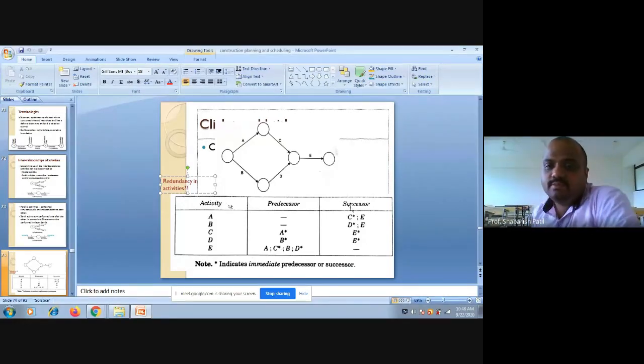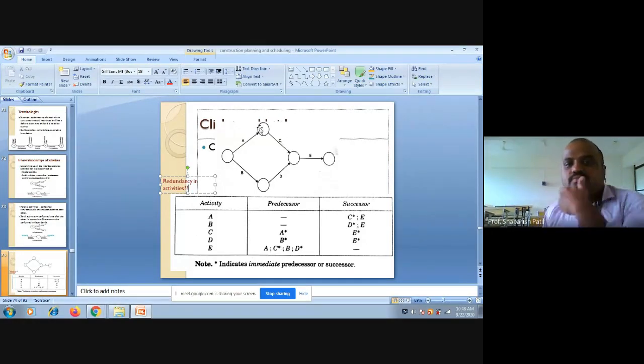Similarly, we try to understand the successor events. For activity A, what are the successor events? It is C and E. After activity A, I have activities C and E. I cannot list D because D is not related to A here.